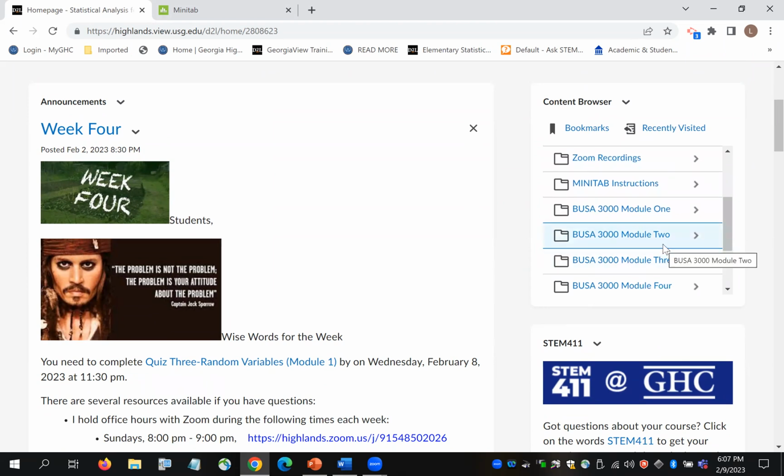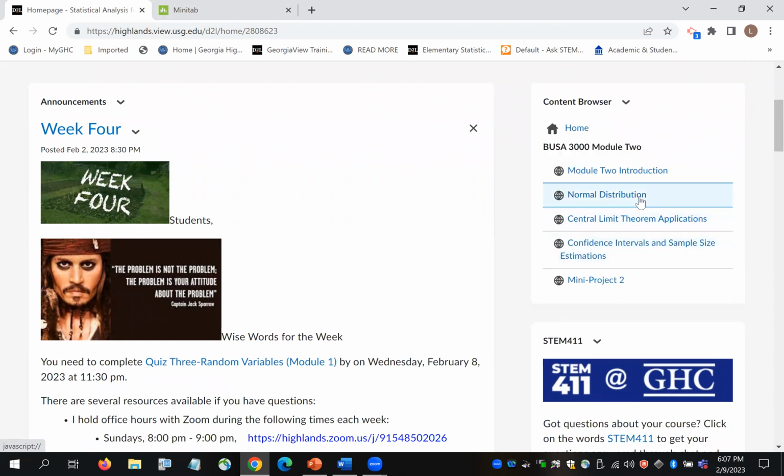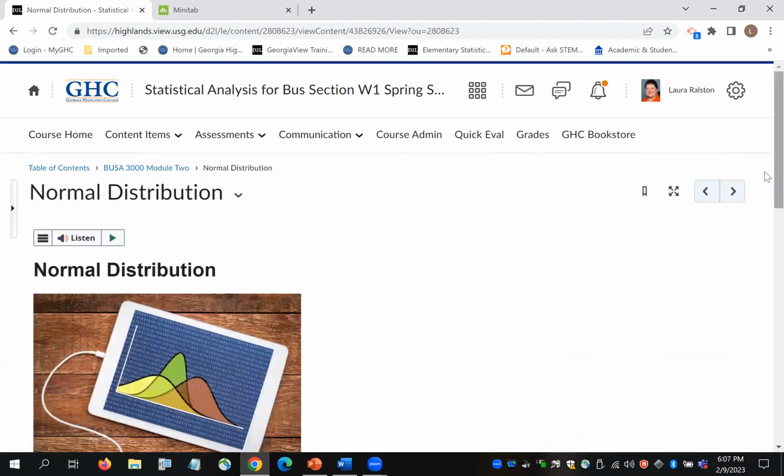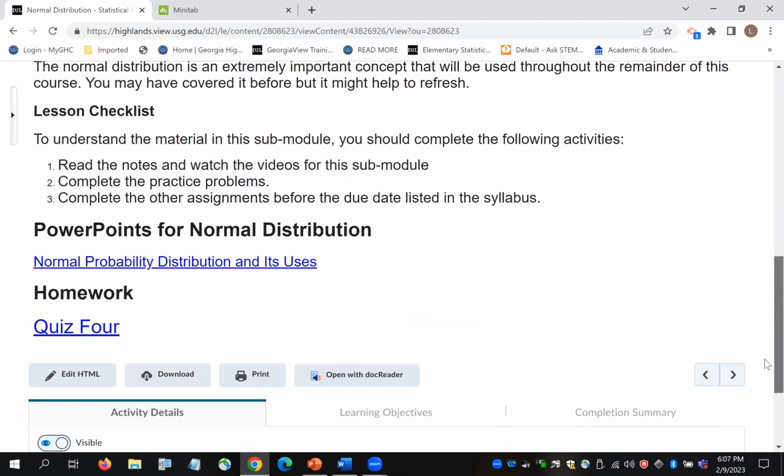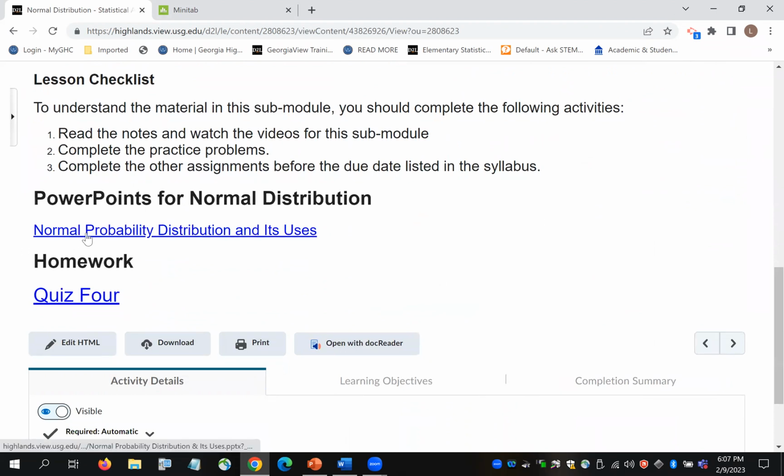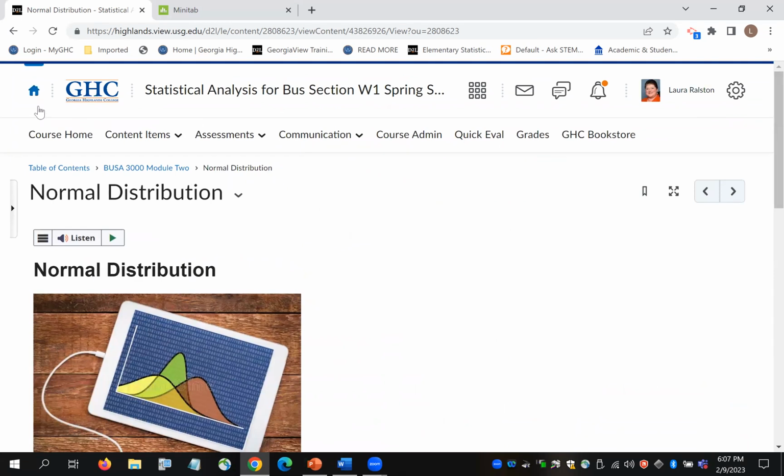So I would go to the Module 2 folder under the content, and we're going to talk about the normal distribution. And you have the PowerPoint here, normal probability distribution and its uses. It's available basically 24/7 through D2L. And so again, you could print that document off.